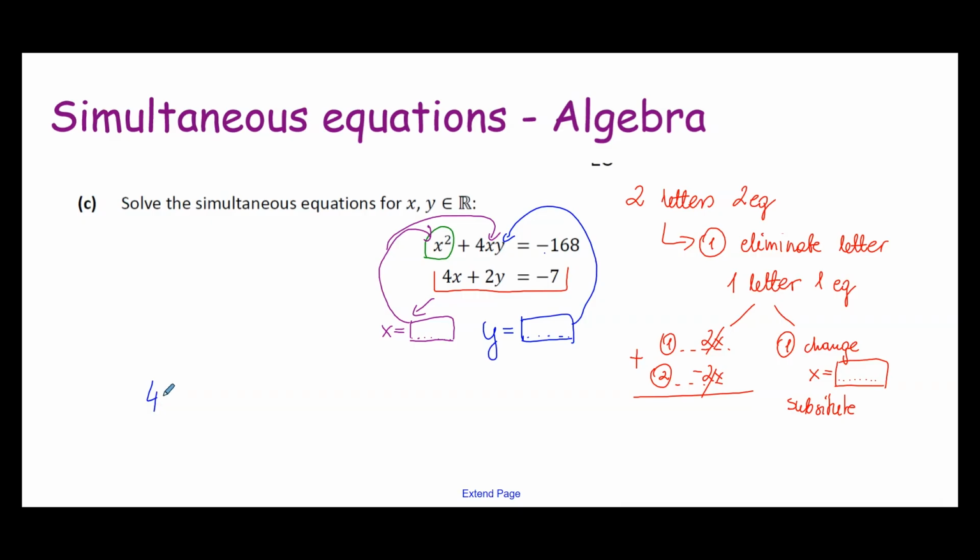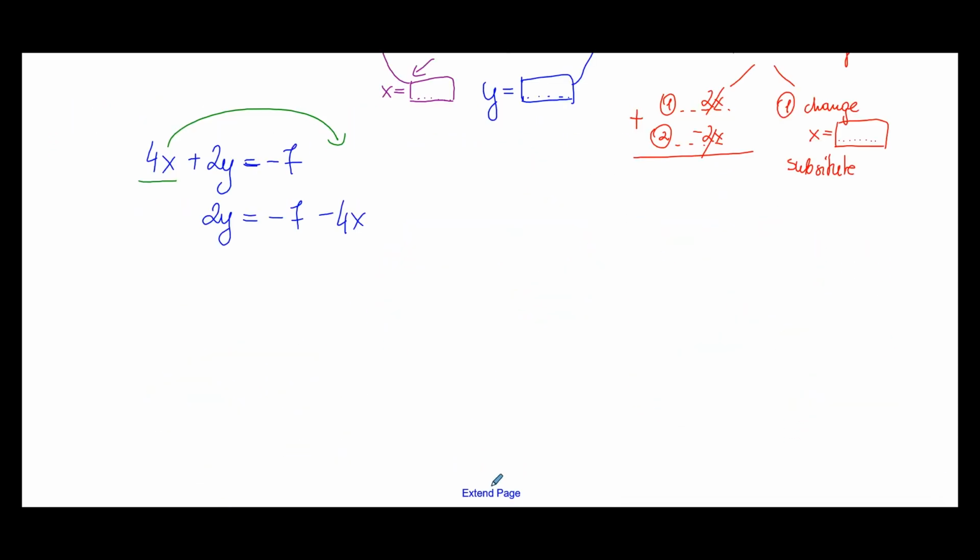So let's write our equation 4x plus 2y equals minus 7. Like we said, what we are trying to achieve is to have y on its own. Therefore, that 4x will move to the other side of the equation. And when it moves to the other side, what happens? It changes the sign to the opposite. So I have minus 7 that was here, and then minus 4x. The last thing to do here is to get rid of the 2 beside y. 2y means 2 multiplied by y.